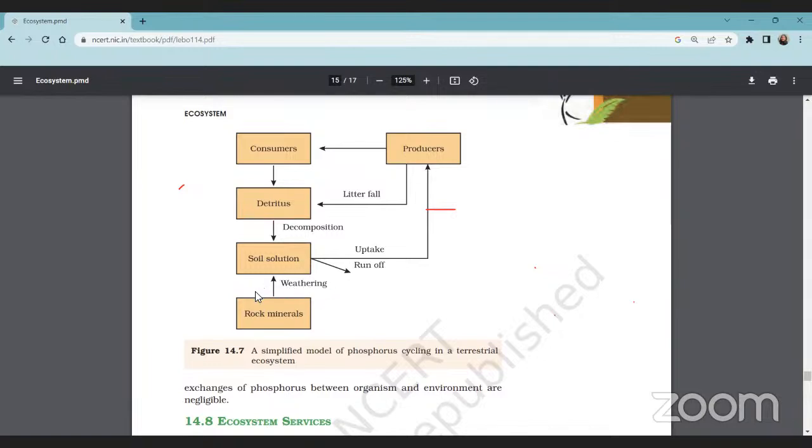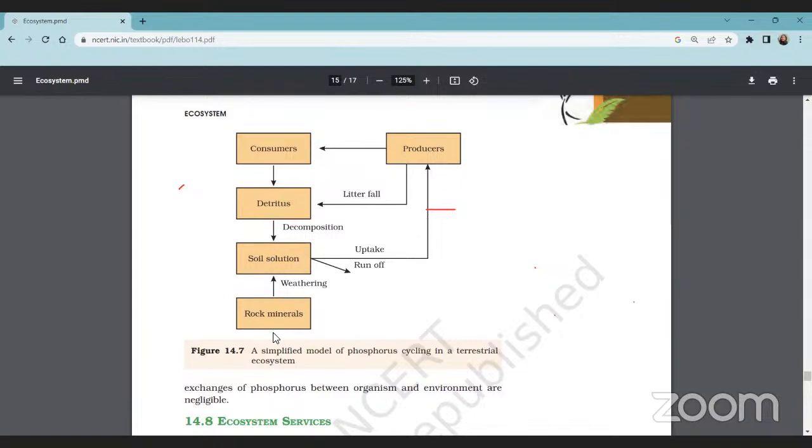By weathering, they are divided into small particles and mixed in the soil solution, and that soil solution is taken up by the producers, meaning plants. That is utilized by the consumers, meaning herbivores. The herbivores are eaten by the carnivores, and when they die, they are mixed into the soil. The decomposers mix the detritus materials into the soil, which means the cycle is continually happening.